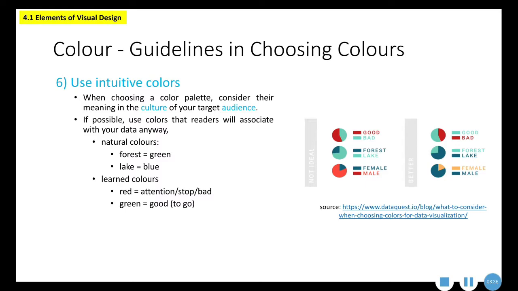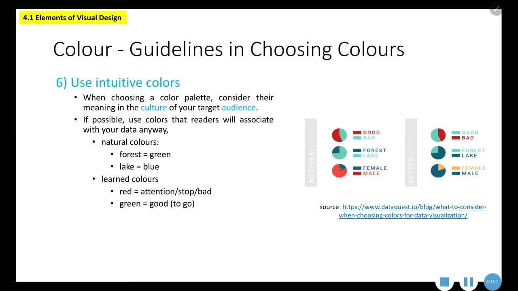So for male and female, you can use colors like pink and blue to represent the two genders. We know that blue is for men and pink is for female. If you use red here, it's not suitable because red is too warm, and it relates to something that is not good.